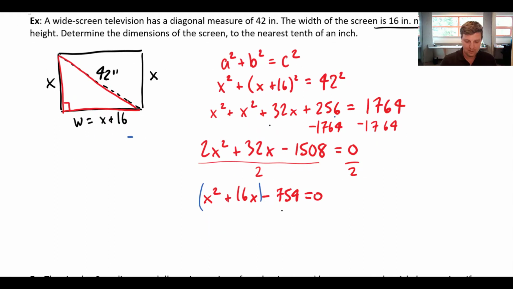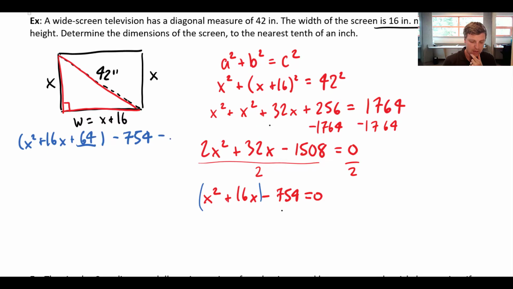Okay, so I'm just going to do this next part over here. So I've got x squared plus 16x plus something. And on the outside of the bracket, I've got minus 754. And so I'm going to have to add in here half of that number squared. So half of 16 is 8, squared is 64.